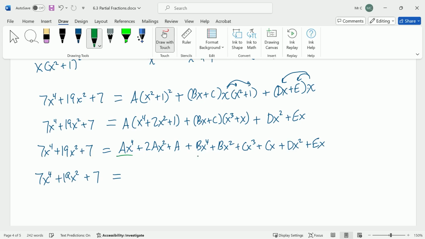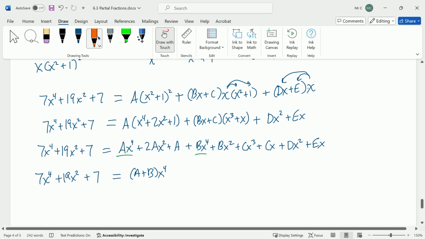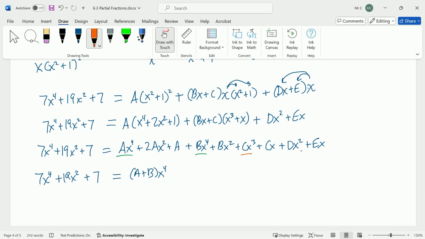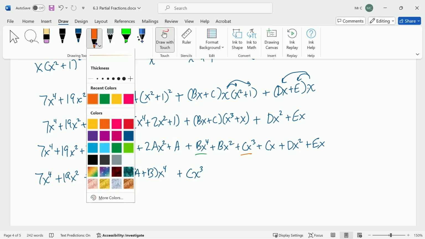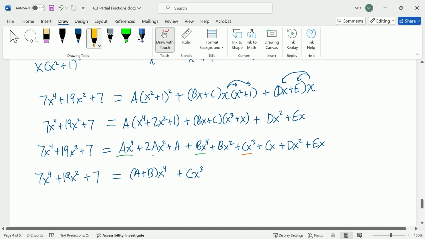So first I'll look for my fourth power terms. We've just got a plus b times x to the fourth. Now we'll look for any cubed terms. That's cx cubed. Well, that's the only one. So plus cx cubed. Some square terms.